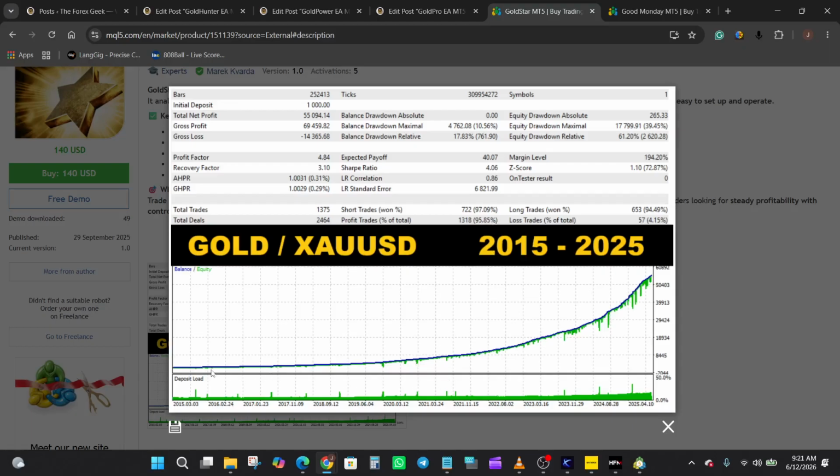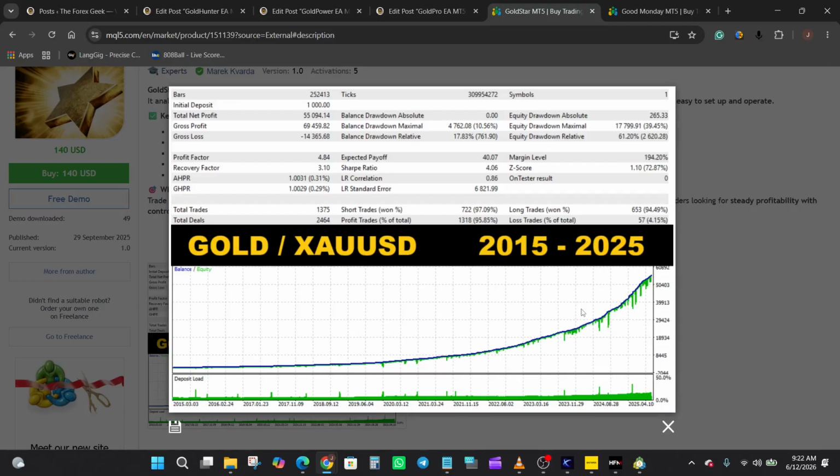And we can see that initially, the equity and balance curve shows that the rate of profit seems to be quite low, but then at some point you can see how the growth increased and was steady as well. But we can see some significant drawdowns along the line. The green line shows equity, so we can see how the equity deviated from the balance for a while, at several intervals.